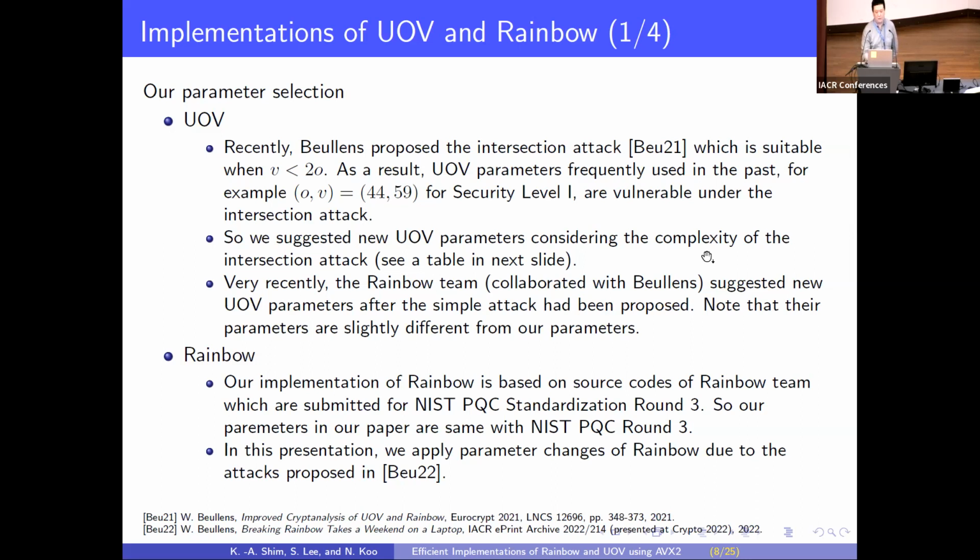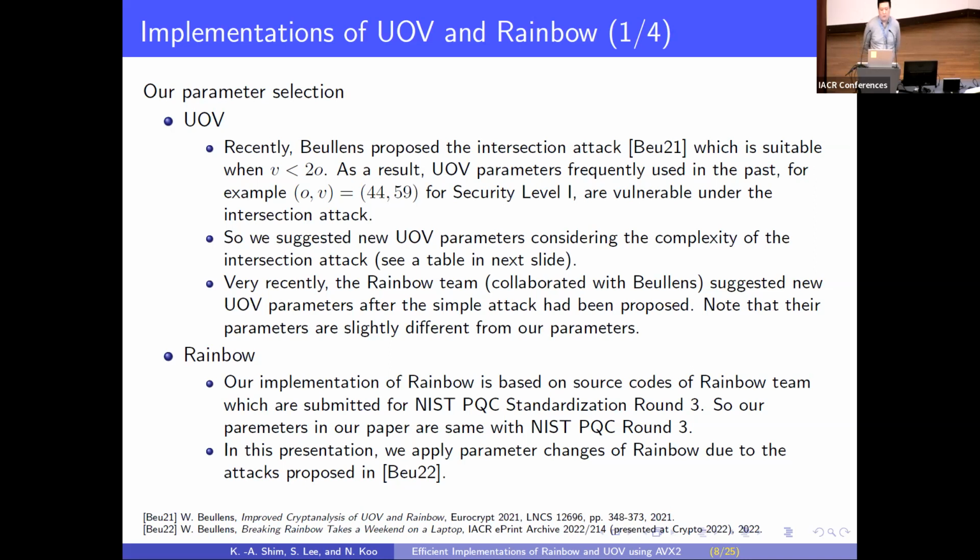So we suggested new UOV parameters considering the complexity of the intersection attack. Very recently, the Rainbow team collaborated with Brilliance and suggested new UOV parameters after the simple attack had been proposed. Note that their parameters are slightly different from our parameters.